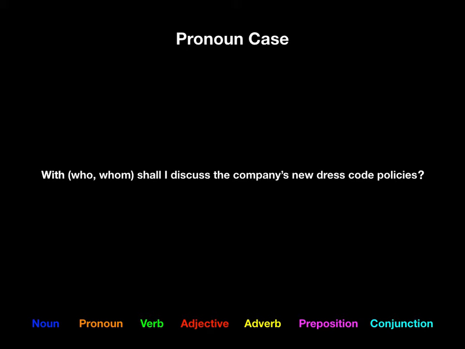Within this example, we have with immediately preceding our choice. If we have with before our choice, will we select who or whom? We will select whom. With whom shall I discuss the company's new dress code policies?